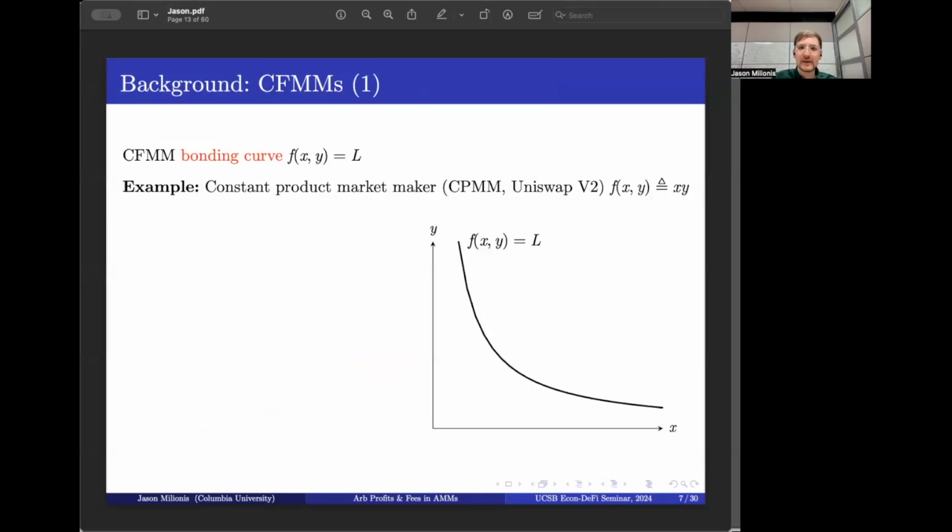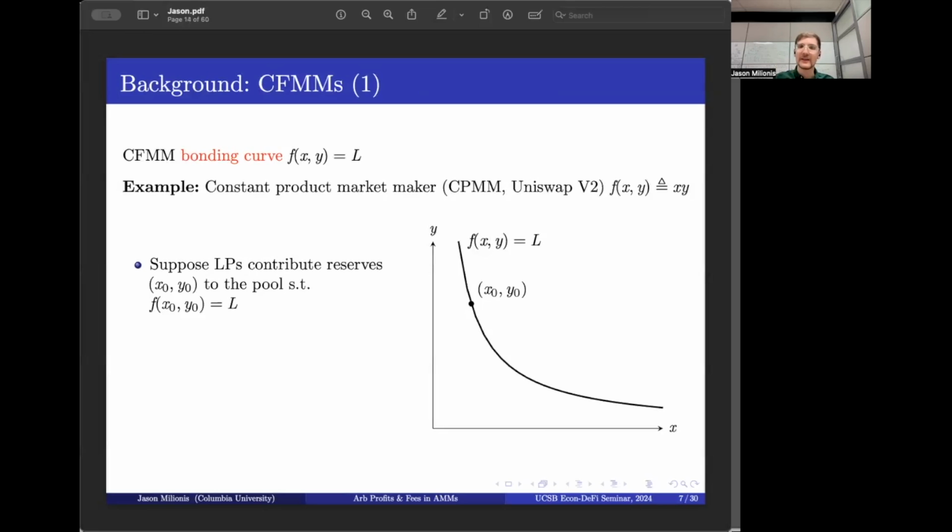Now, let's go into some background about CFMMs. As we said, CFMMs are characterized by some function that we call bonding curve, f. So f(x, y) has to be L. And we previously mentioned the example of the constant product market maker that's, for example, implemented in Uniswap v2 that takes the function f to simply be the product.